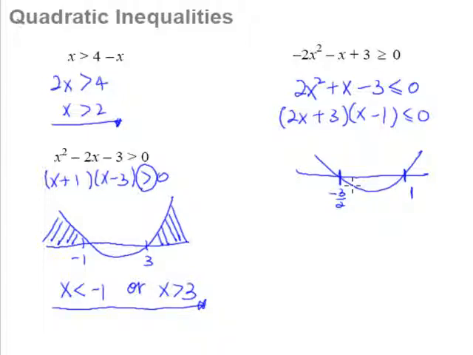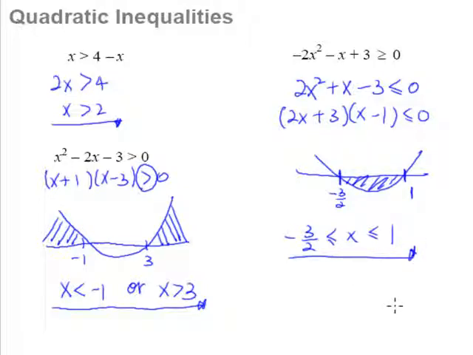So underneath the x-axis will be here, isn't it? It's not that difficult to identify, I think. So therefore the range of our values of x will be between minus 3 over 2 and positive 1. So this will be our answer.